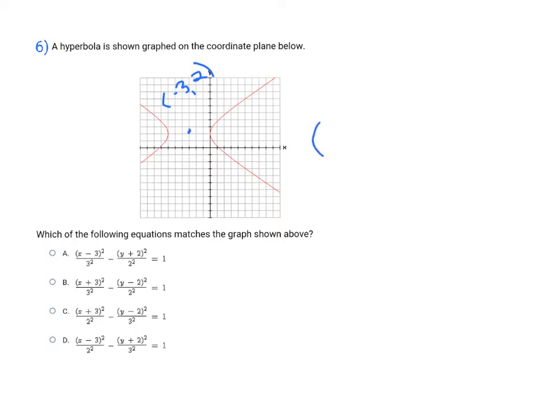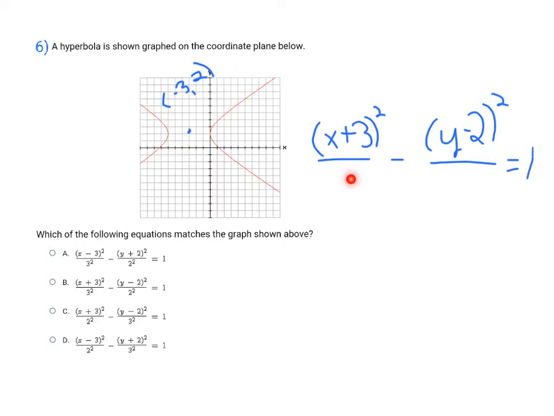So that means that in my numerators, I'm going to have an x plus 3 quantity squared because it's opposite. And then I'm going to have a y minus 2 quantity squared. And then this always equals 1. And then I have to figure out what it is I need to put in the denominator here.